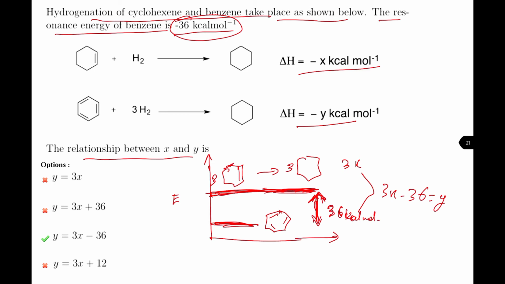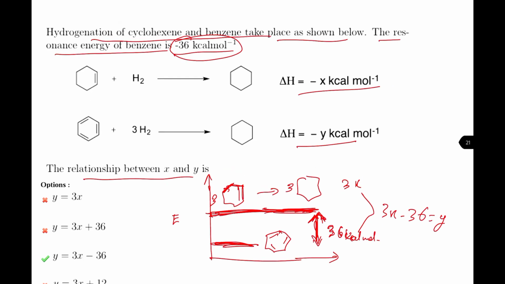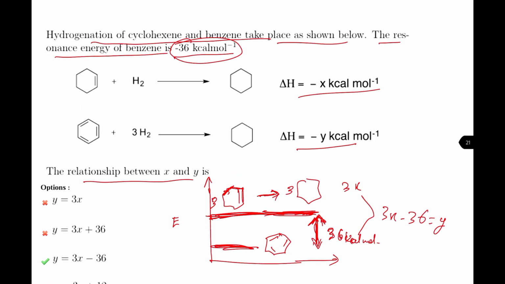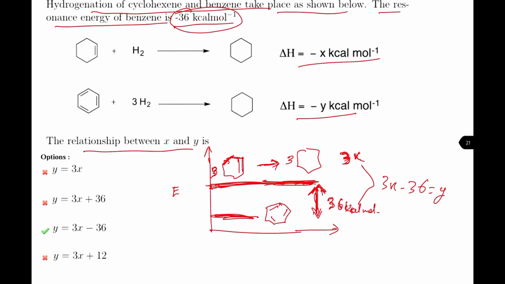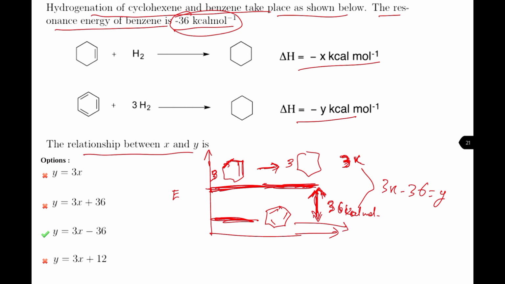So if you do the hydrogenation of cyclohexene, 3 cyclohexene will give 3x, you will need 3x energy. For benzene, first you need to give that resonance energy, which is 36.